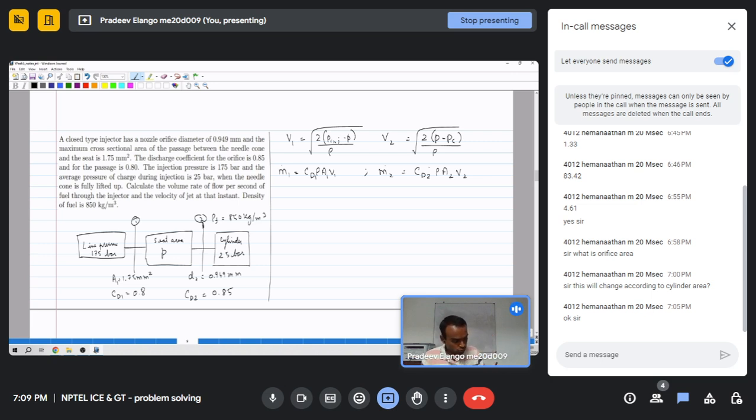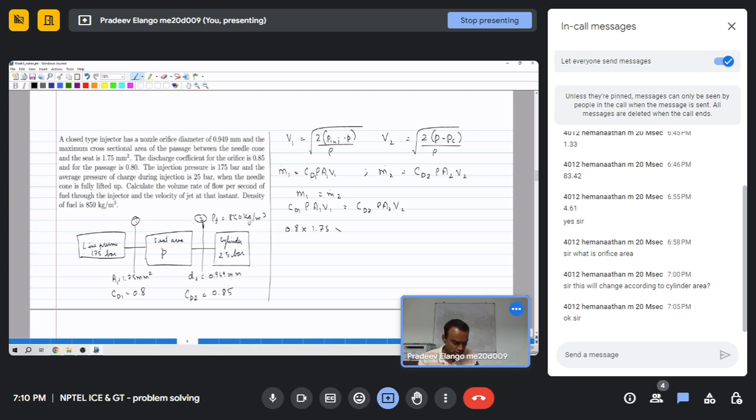So now we know rho is the same. So at steady state, m dot 1 should be equal to m dot 2. Then we will have CD1 rho A1 V1 is equal to CD2 rho A2 V2. Now CD1 is 0.8. Rho will get cancelled anyway, and area 1 is 1.75. It's better to have both sides in mm, and then they get cancelled.